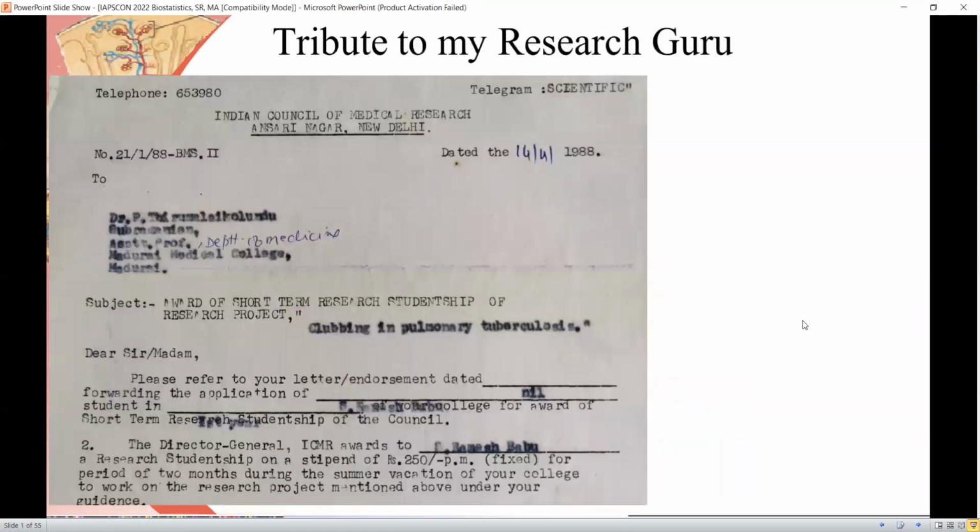Now, I start with this slide. This is one of the documents which I have kept for more than 30 years. This is basically my first ICMR grant for student research when I was a third year medical student. They gave a grant of 250 rupees per month for 2 months.